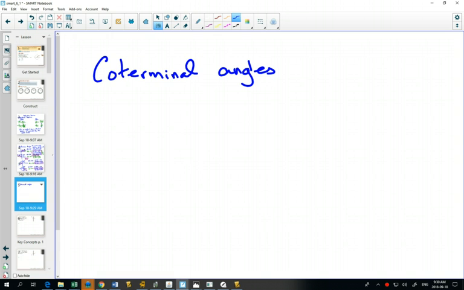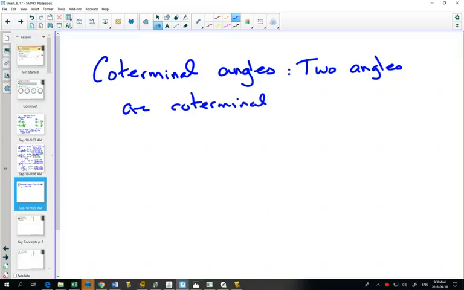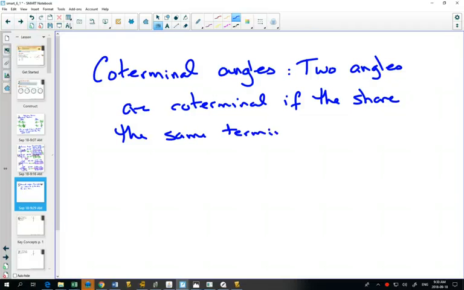Okay, coterminal angles. Two angles are coterminal if they share the same terminal arm.